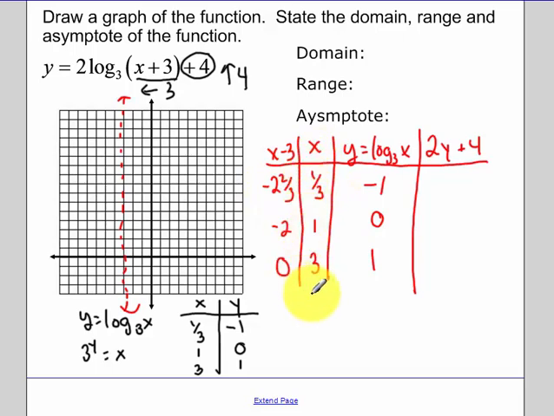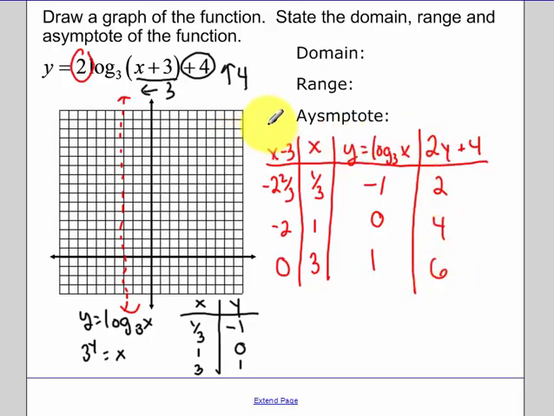What I'm just doing is plugging these x values in here for x to get my new x coordinates. Now plug these y coordinates in here for y. 2y plus 4. That's how I got that 2y plus 4. So -2 plus 4 is a +2. We have a 4, and then we have a 6.